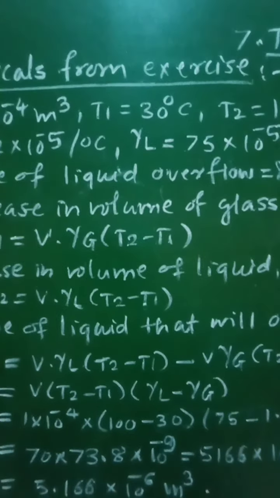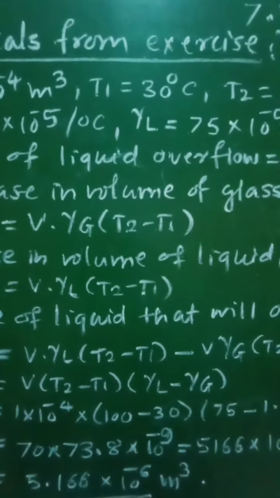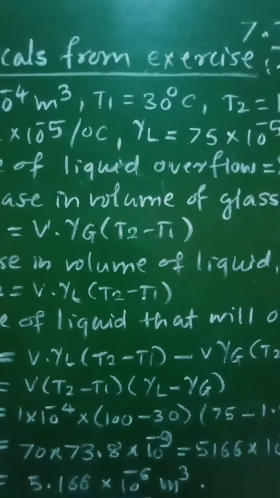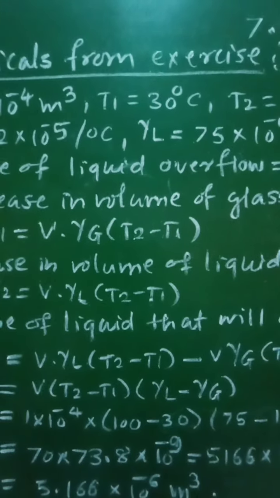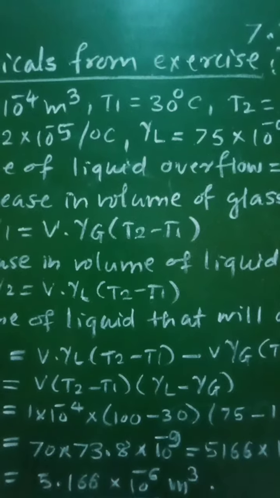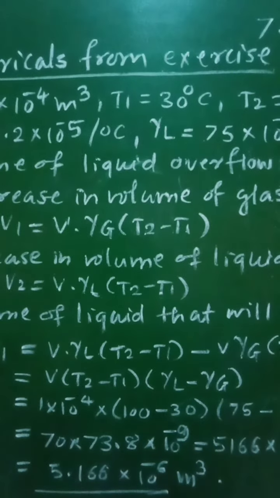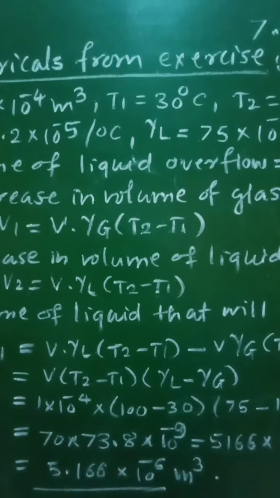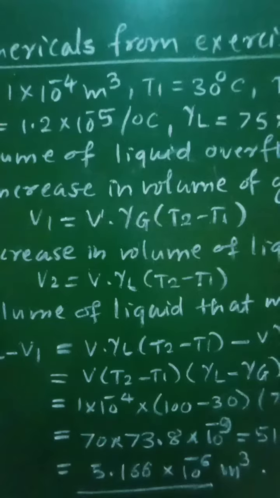Now, the volume of liquid that will overflow is the amount by which it is larger than the volume of the glass flask. That means if the volume of liquid is greater than the volume of the glass flask, that much amount of liquid will overflow.